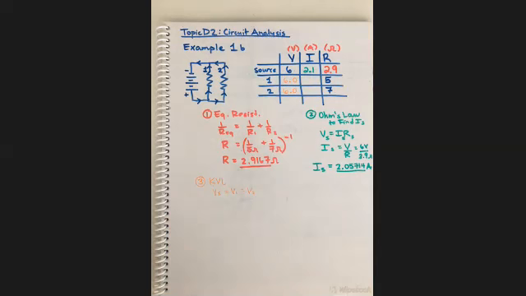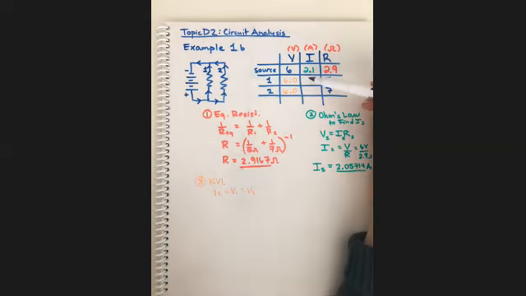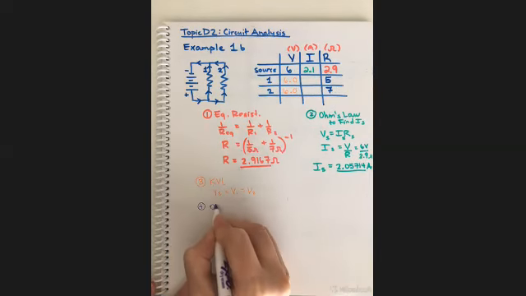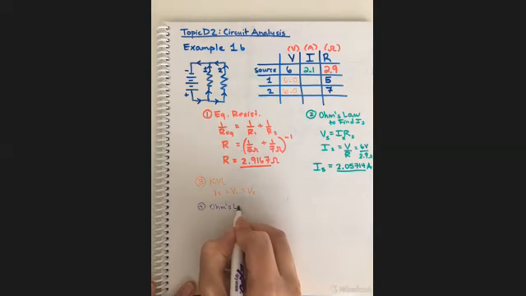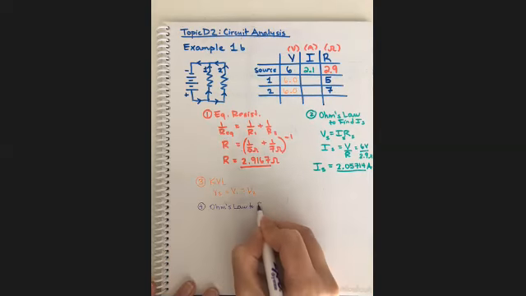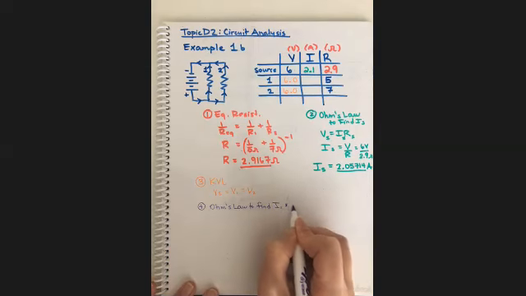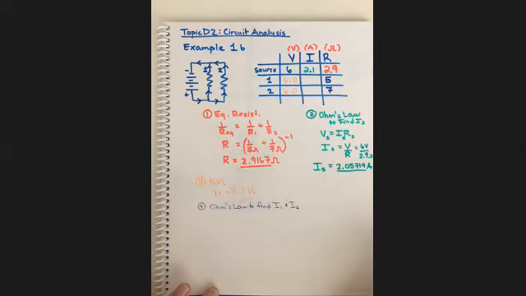Now, since I have these two to fill out, I have 2 out of the 3 of these rows, and I can use Ohm's law. So number 4, I'm going to use Ohm's law to find I1 and I2.